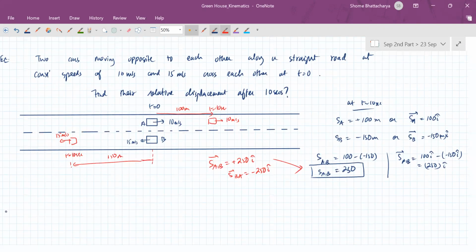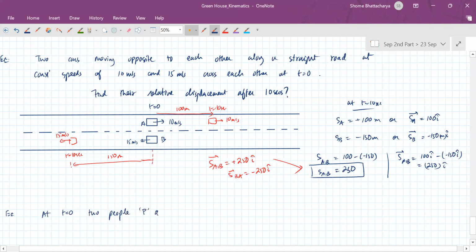Now, similarly, let's look at another example. At t equal to 0, two people, let's say P and Q, are at a common position on a horizontal plane.